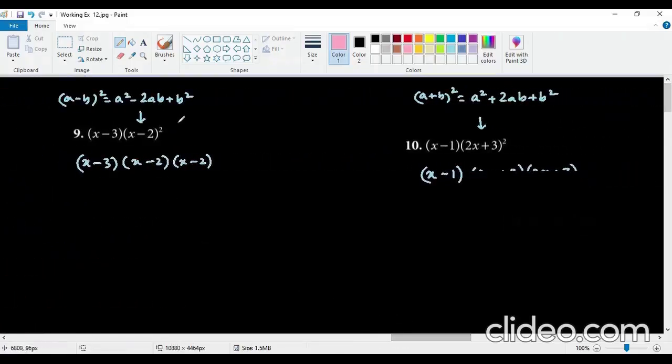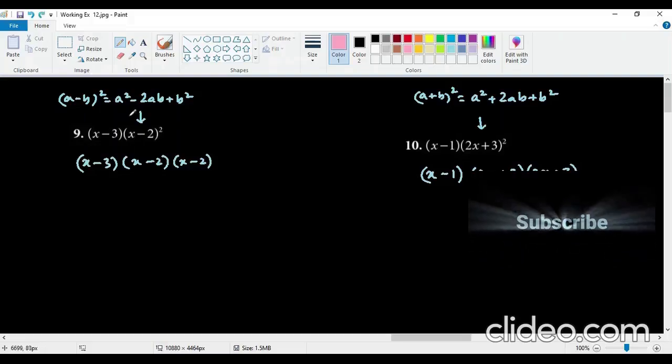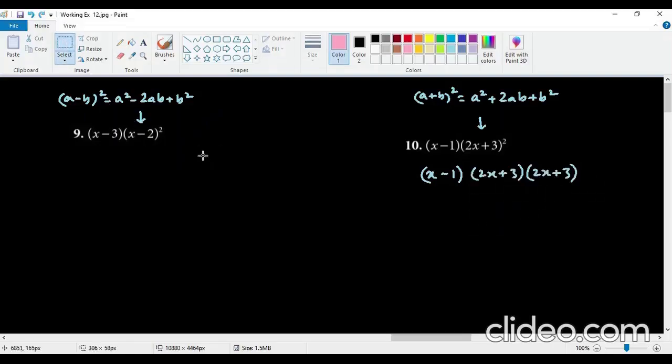As you can see, if I consider this one as a and this one as b, the final answer for this one is going to be a² − 2ab + b². So I need to multiply x − 3 with a² − 2ab + b².